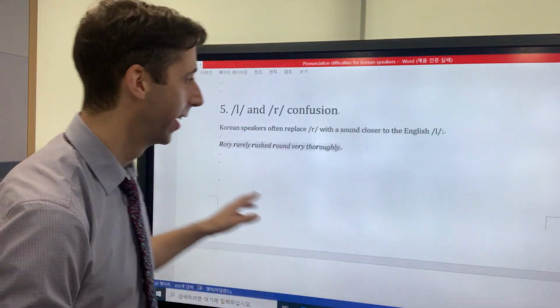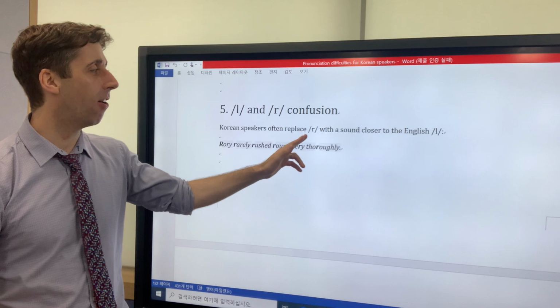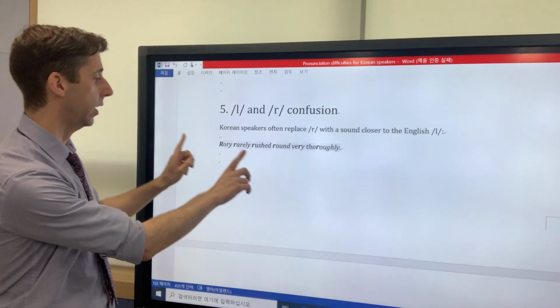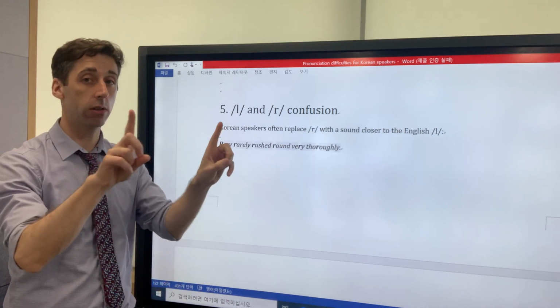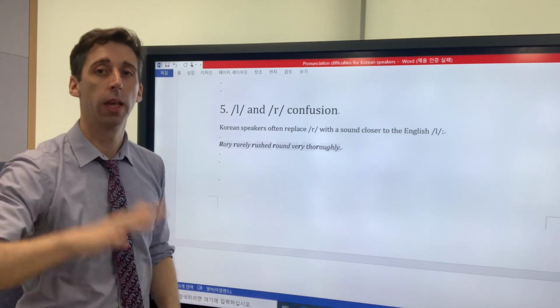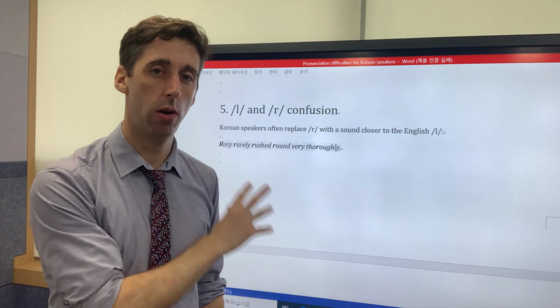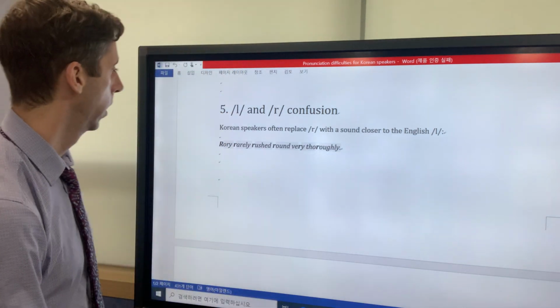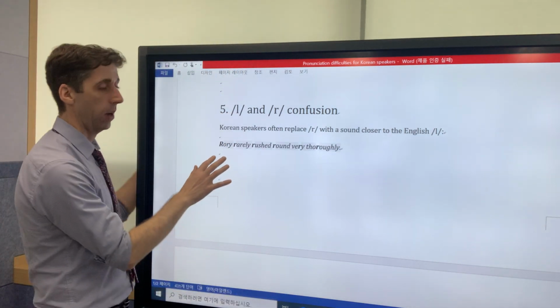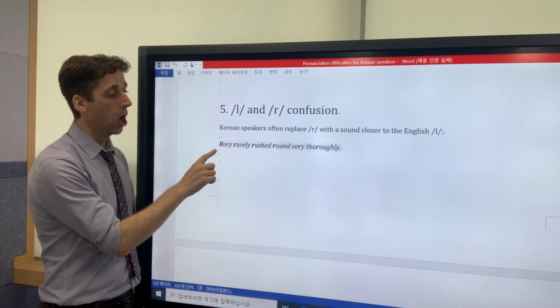So, if we look at the R sound and the L sound together, it can be a little bit difficult when they're in the same word. It is about your physical practice of the words, okay? So let's try this together, and we will go very slowly.